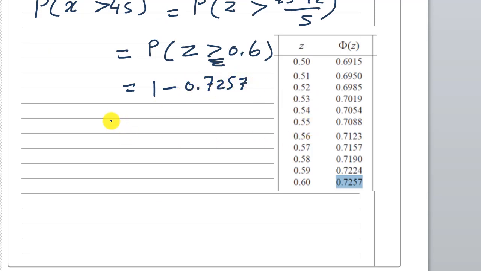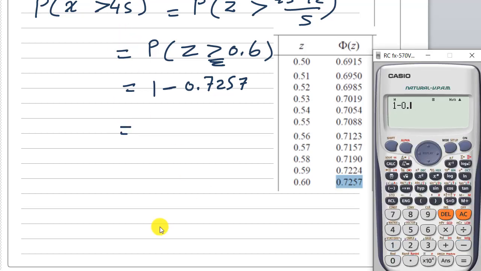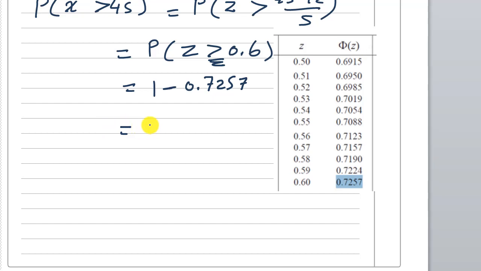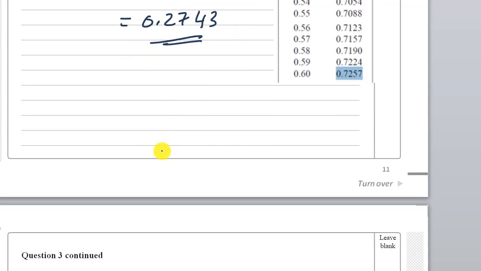From the table that is 0.7257, which is this value. So it's equal to 1 minus 0.7257, so 0.2743. This is the probability of bigger than 45.